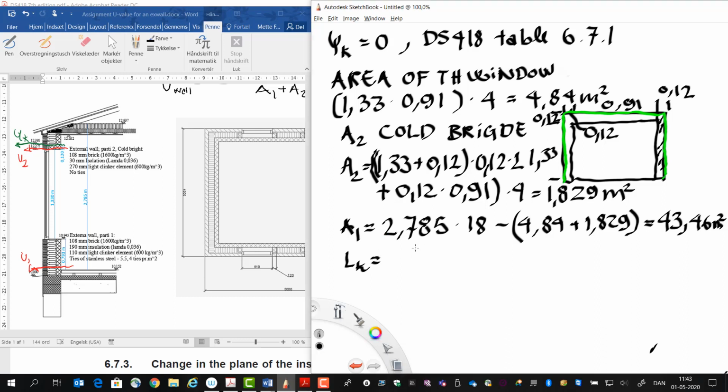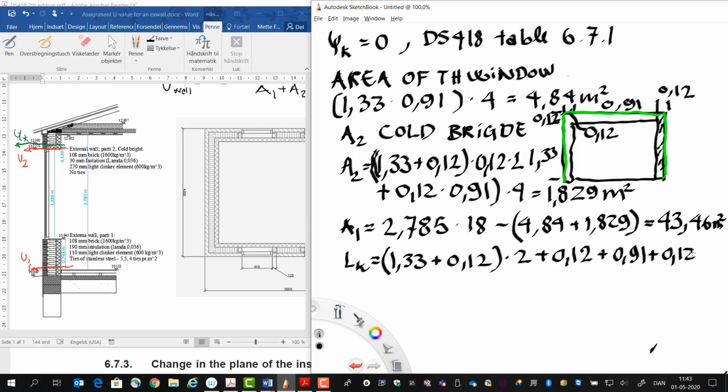So that would be the height 1.33 plus 0.12, and then we have 2 of these heights plus the top part, which is 0.12 plus 0.91 plus the core bridge again 0.12.